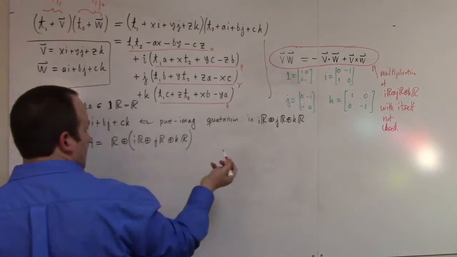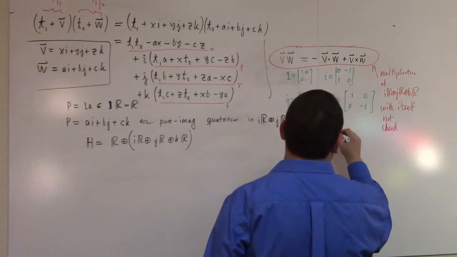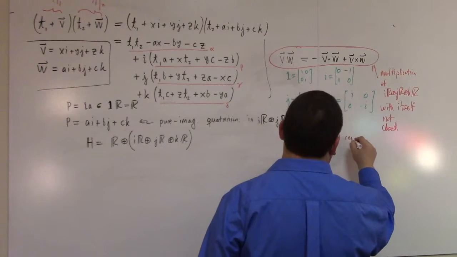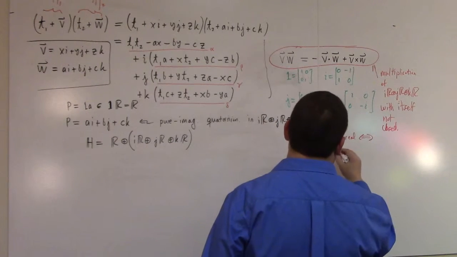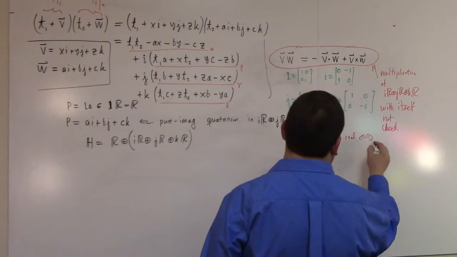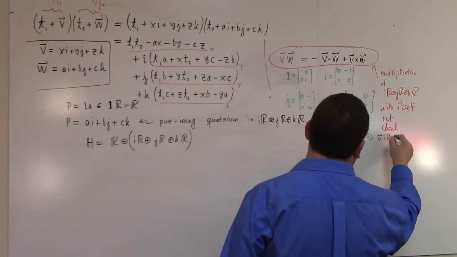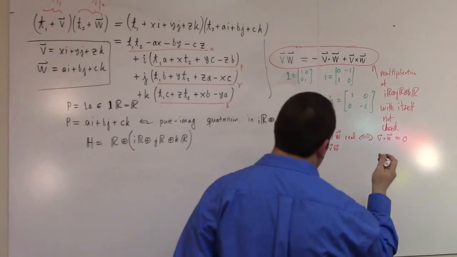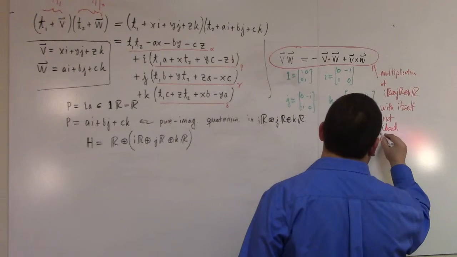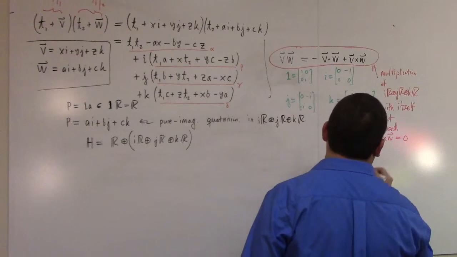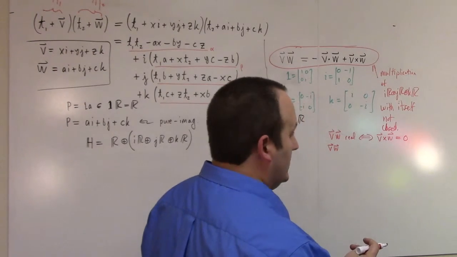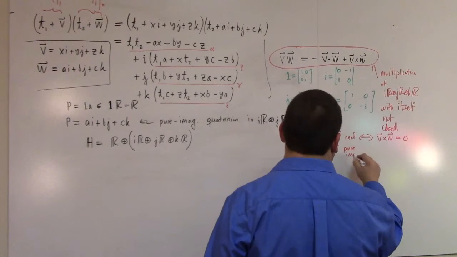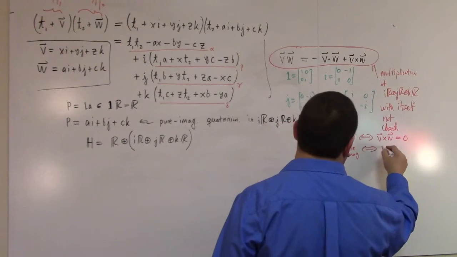Let's see here. I'm sorry, I use V and W. VW real if and only if what? V dot W is 0. Well, no, VW is real if V cross W is 0. Yeah, I'm sorry, jumping ahead. And VW pure imaginary. Now we got the.